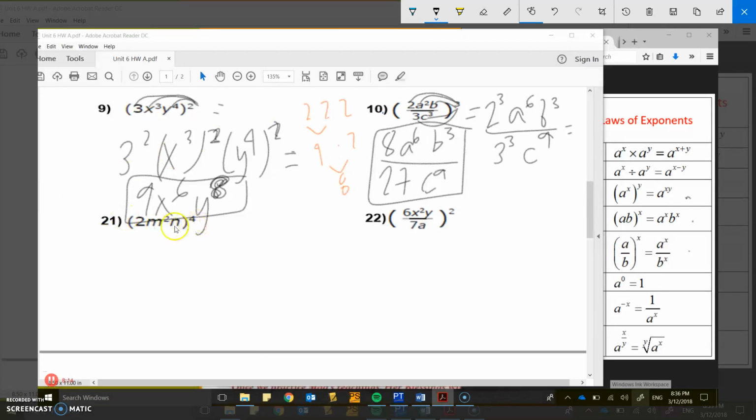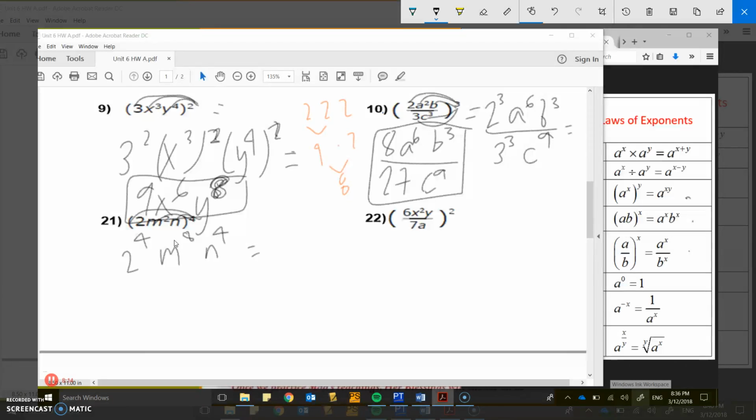This one, same thing. M and N can't do anything because they're different bases. So the 4 goes to the 2, the 4 goes to the M, and 4 gets applied to the N. So 2 to the 4th, M, 2 times 4, 8, N, secret 1, 1 times 4, 4.